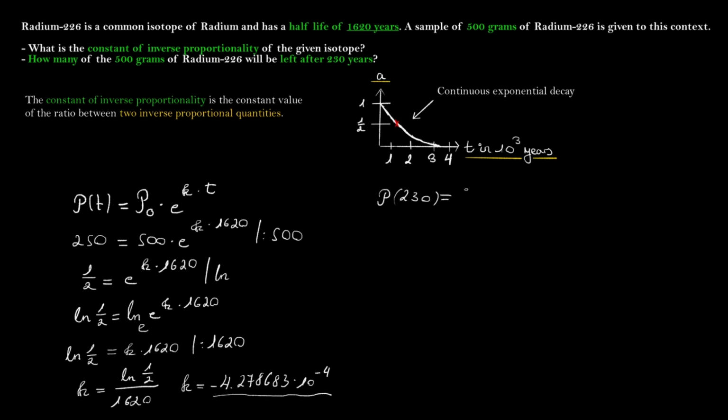This is equal to our initial value that we start with, so still 500, times e to the power of, well, k, we have k given. This is minus 4.2788683 times 10 to the power of minus 4. And we have to multiply our continuous decay rate by 230.